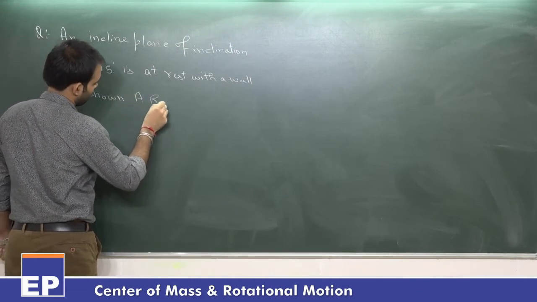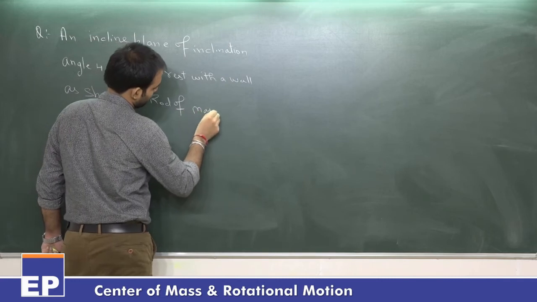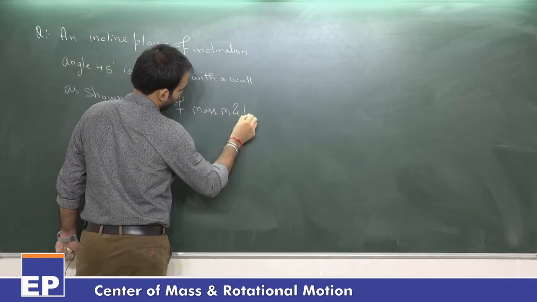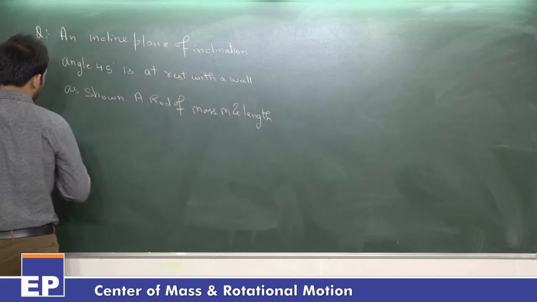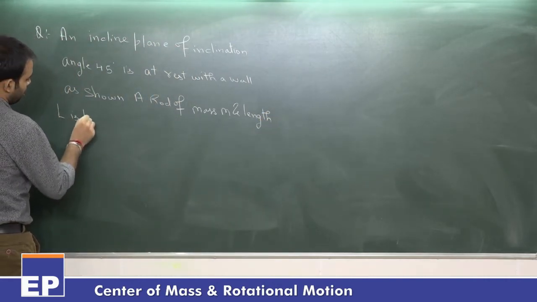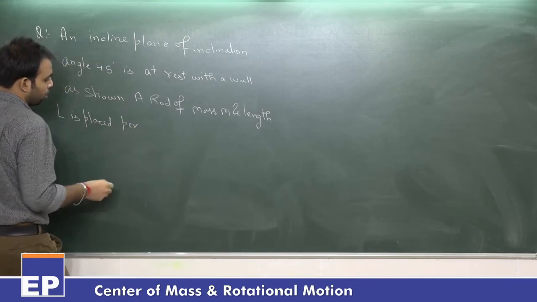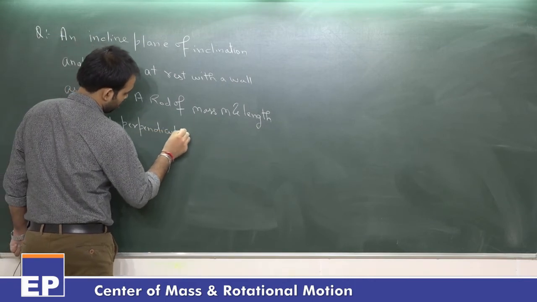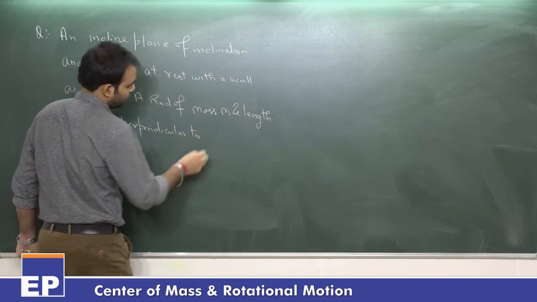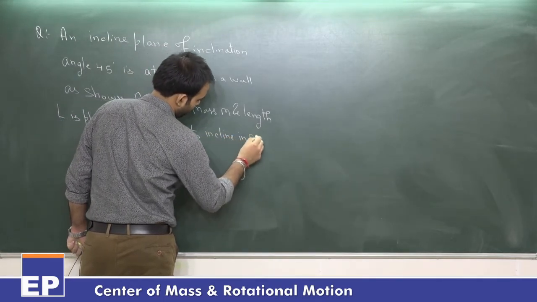A rod of mass m and length L is placed perpendicular to the incline in support with the wall.